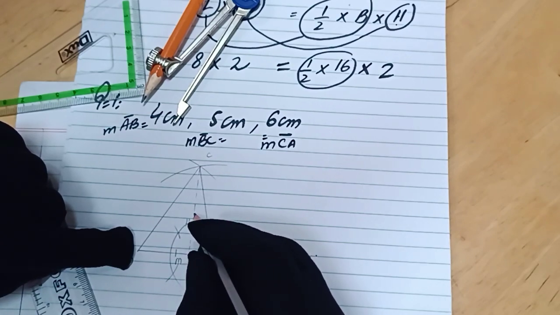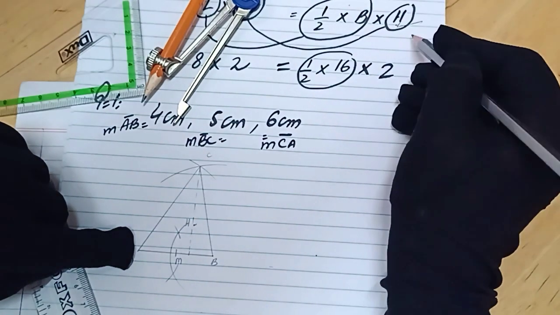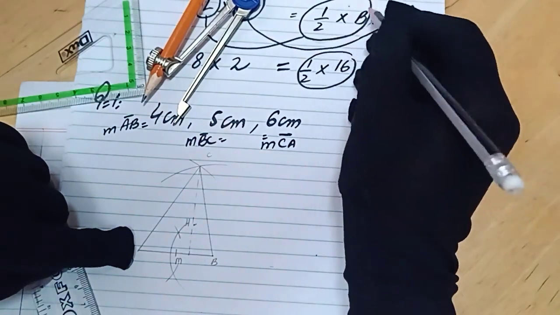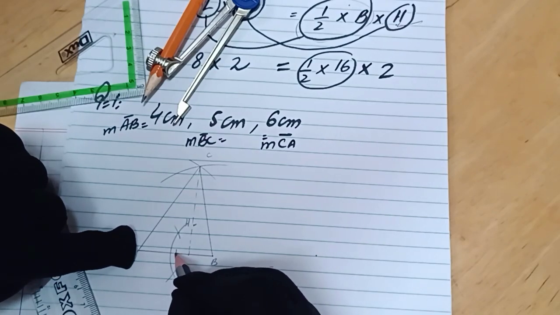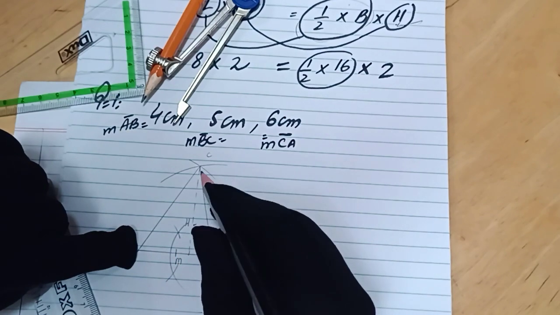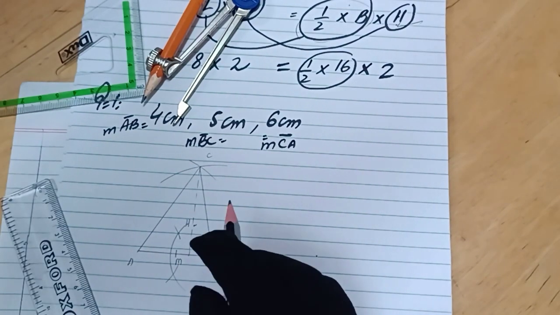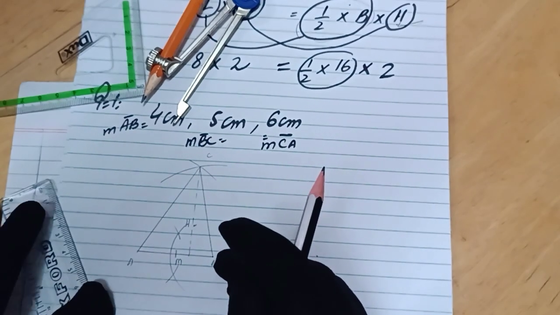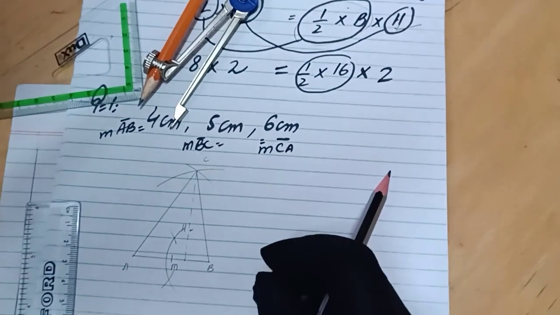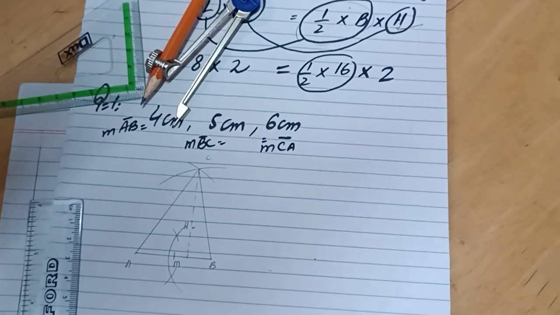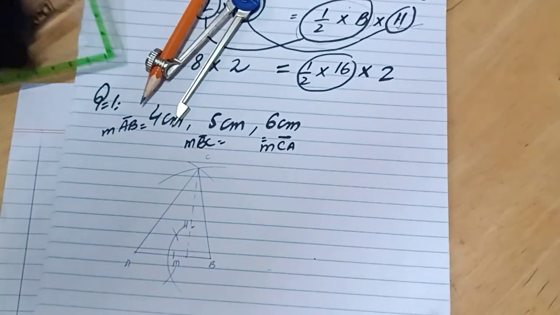One side of the rectangle we have taken is equal to the height, and the other should be half of the base. So half of the base we have taken. Now this is the rectangle's one side measurement and this is the other side measurement. So we can draw a straight line from the corner here.